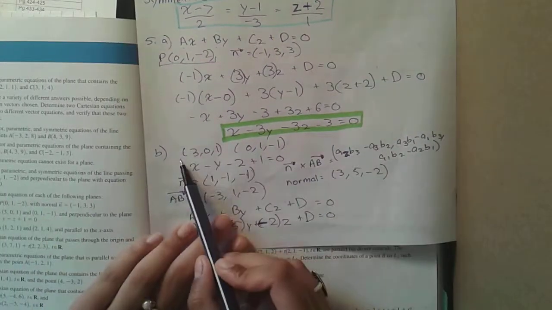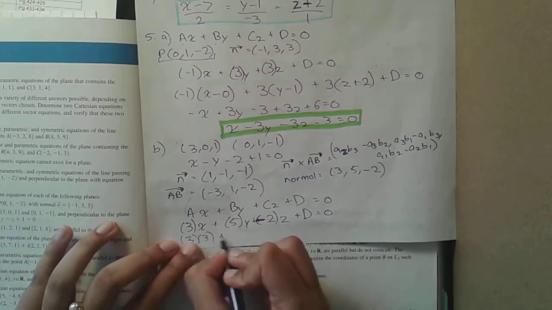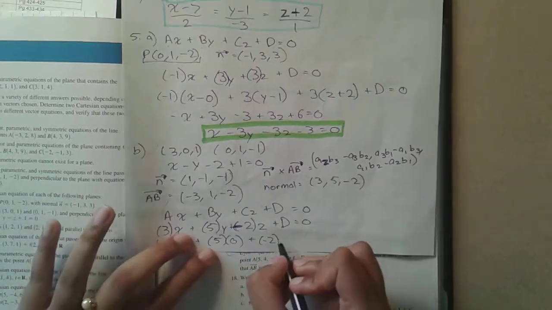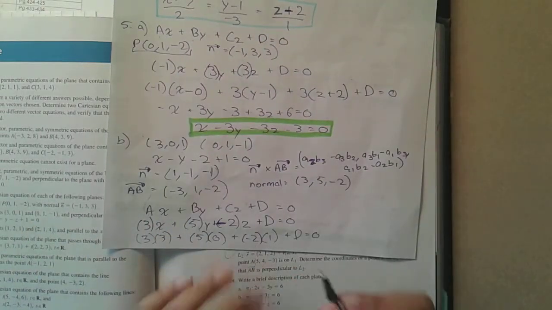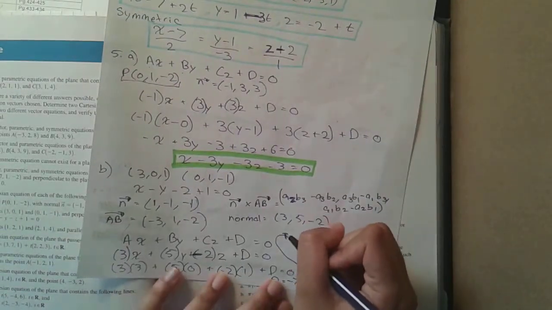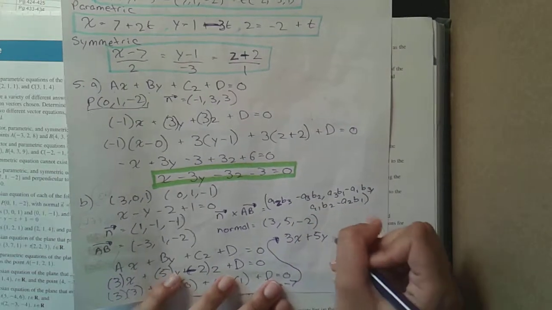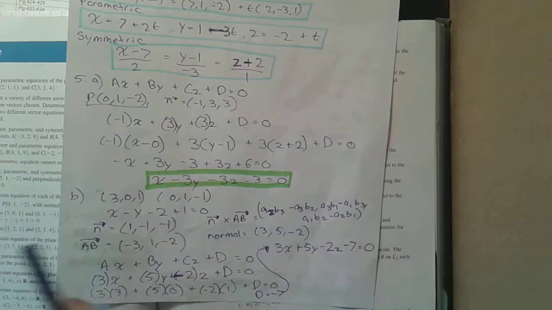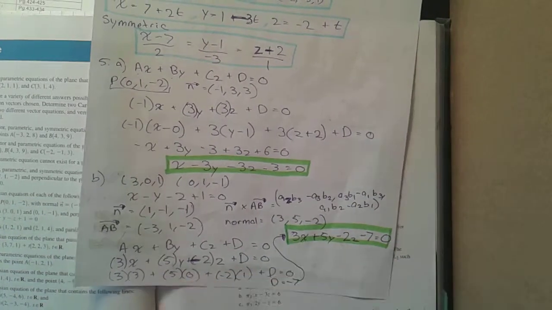So let's choose this coordinate that was given: 3 times 3 plus 5 times 0 plus -2 times 1 plus d equals 0. When you simplify it, d will equal -7. So now our equation will be 3x plus 5y minus 2z minus 7 equals 0. So that's the Cartesian equation for 5b.